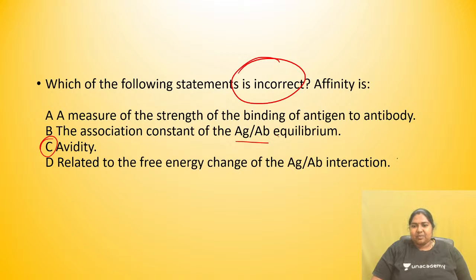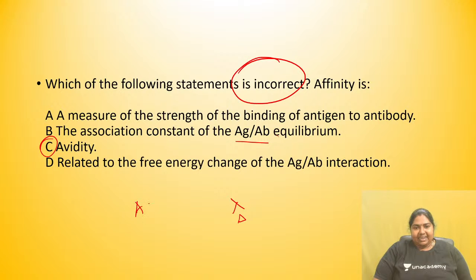This is also a correct statement, no? Obviously if the antigen and antibody interact, it is a reaction, so it is related to the free energy change. This is going to be a spontaneous reaction, isn't it?